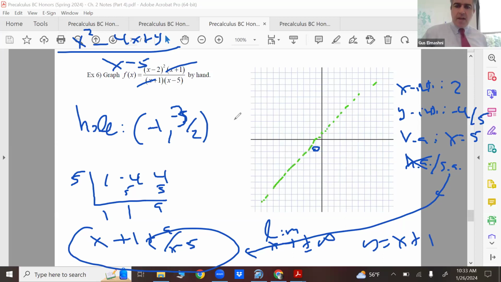Okay. We got x-intercept at 2. Y-intercept -4/5. Vertical asymptote at 5. Actually, let's do green for the vertical asymptote. Hold on, now I lost count. Okay, here we go.